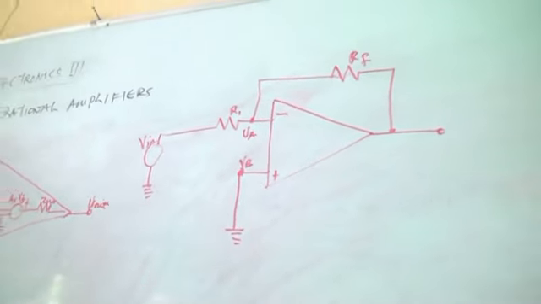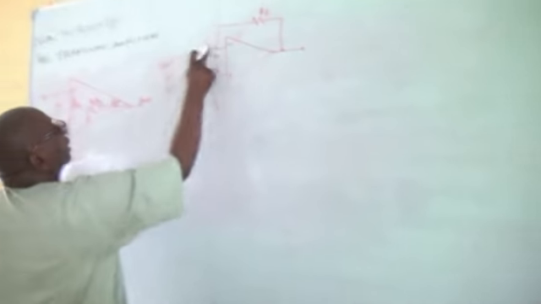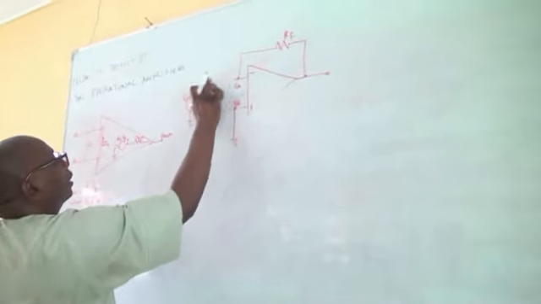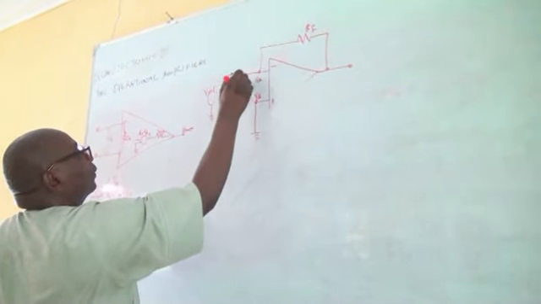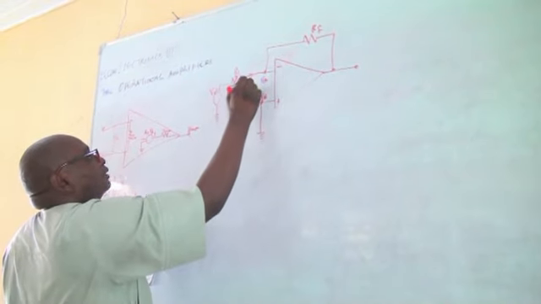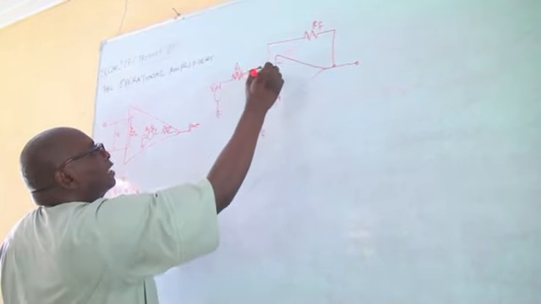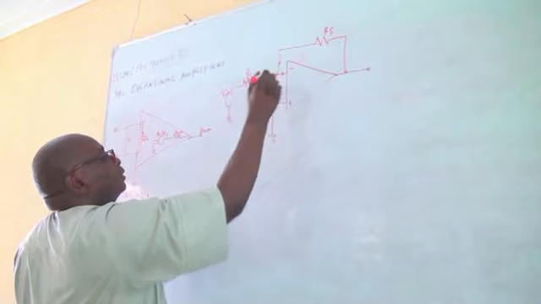Here is VA and this is VB, indicating the two input terminals. And the current that is flowing from here, from R1, is IR1. And then when the current comes here, it divides, one part going to this place.